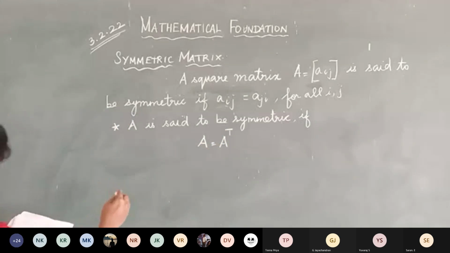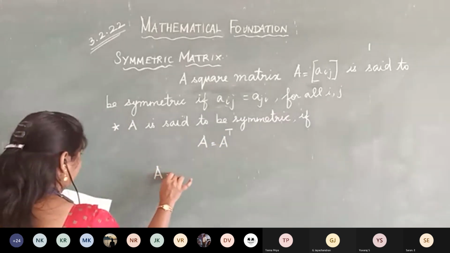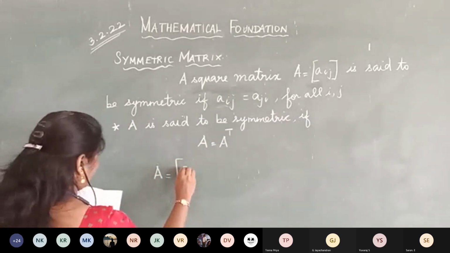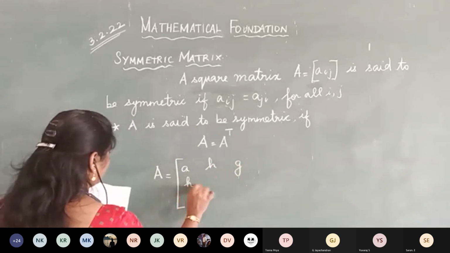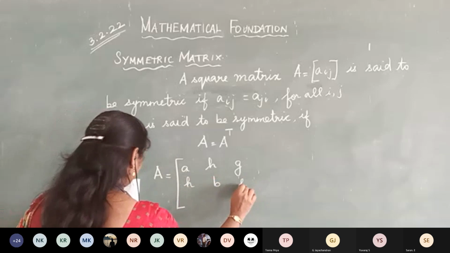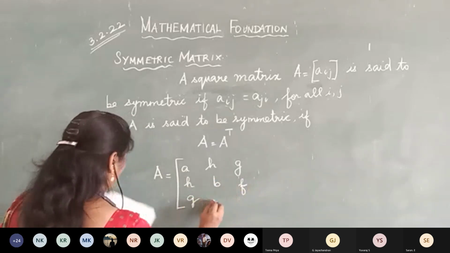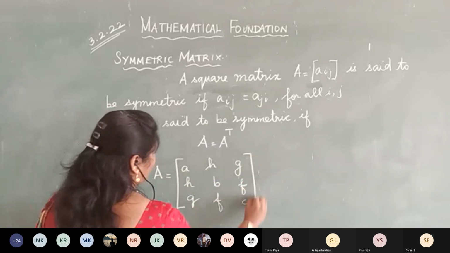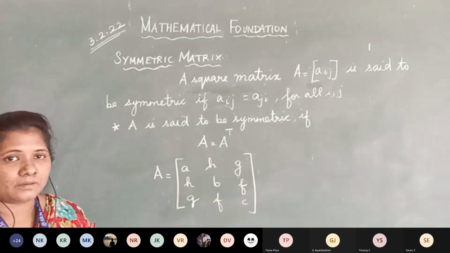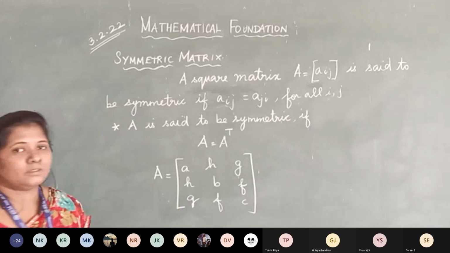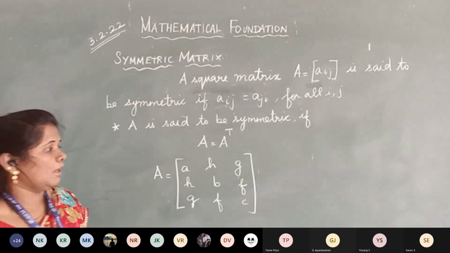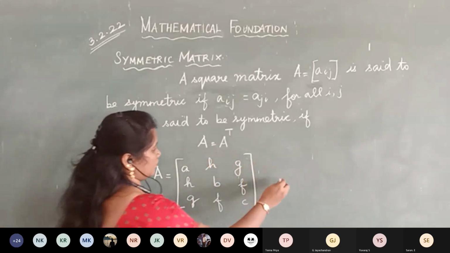So I will take the example like this. A is equal to A, H, G; H, B, F; G, F, and C. So this is your given matrix. You will see whether it is symmetric or not by taking your A transpose.